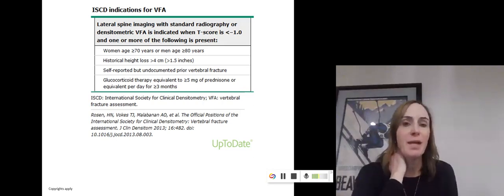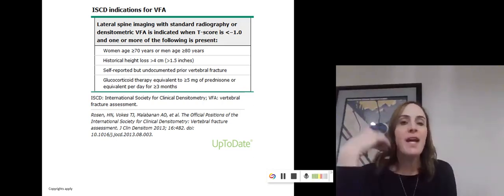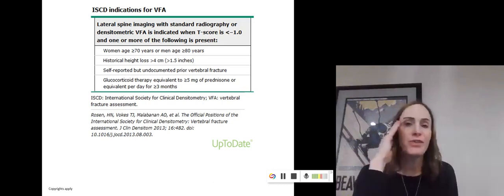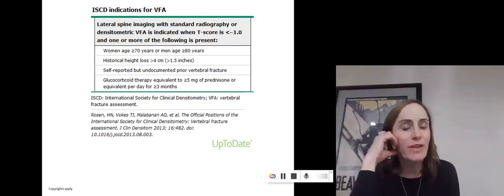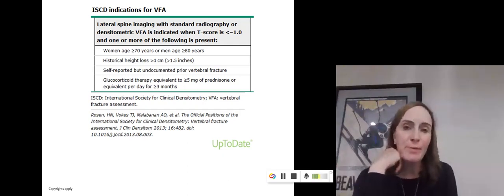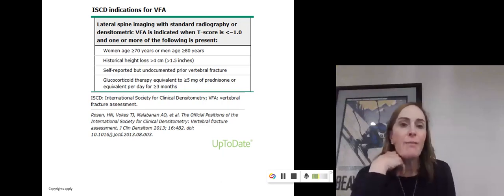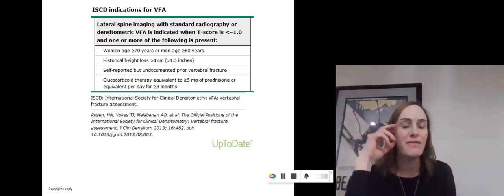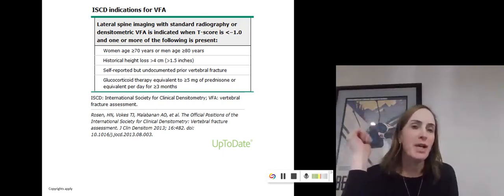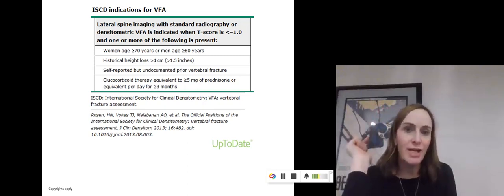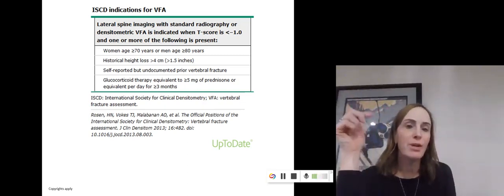If they have a self-reported history of a possible vertebral fracture, or if they have been on glucocorticoid therapy equivalent to greater than 5 milligrams of prednisone per day for greater than 3 months, that's when we're worried about these fractures. So, 5 milligrams of prednisone, like I taught you guys in the adrenal lecture, is also equivalent to 20 milligrams of hydrocortisone, which is mostly what you will use.